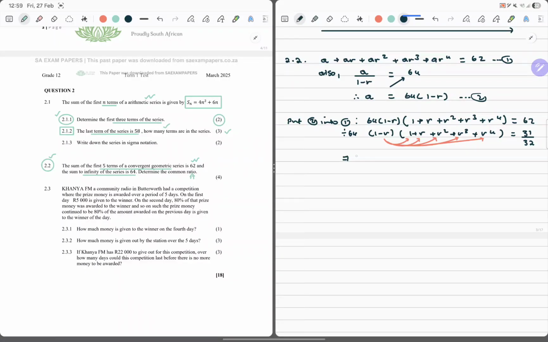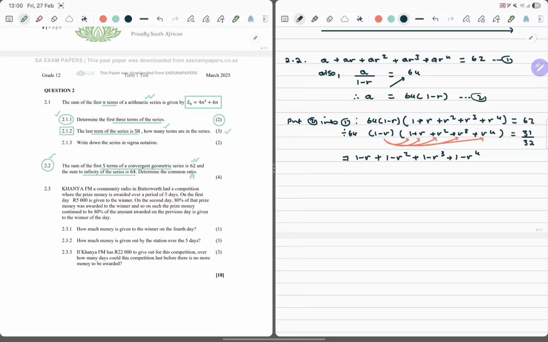Right, when we multiply that by 1, we get 1 minus r. Plus, when we multiply that into r, we get r minus r squared. Plus, when we multiply that one to r squared, we get r squared minus r cubed. And then when we multiply this one to r cubed, we're going to get plus r cubed minus r to the exponent 4, right?